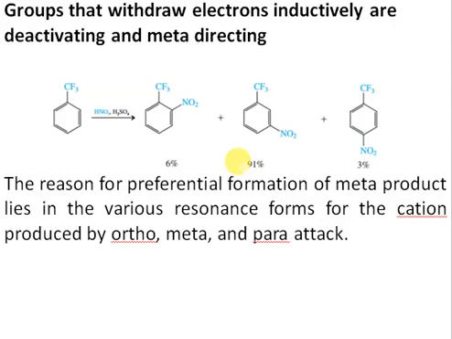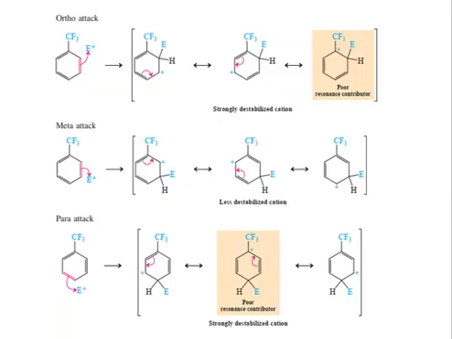So why is this meta product formed in 91% yield while others are formed in trace amounts? You can see by looking at the relative stability of the canonical forms. Here we have ortho attack. When the electrophile approaches at the ortho position, you can see different carbocations here, and the important thing is that this carbocation is next to the trifluoromethyl group.